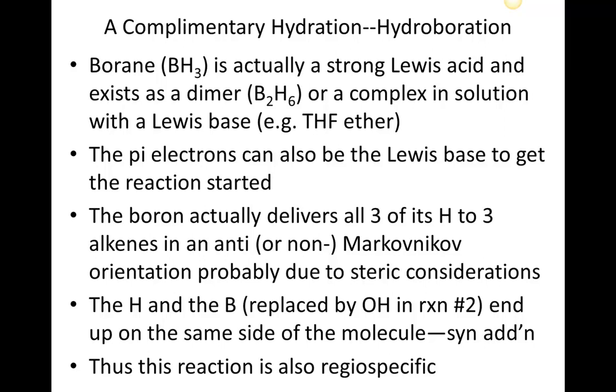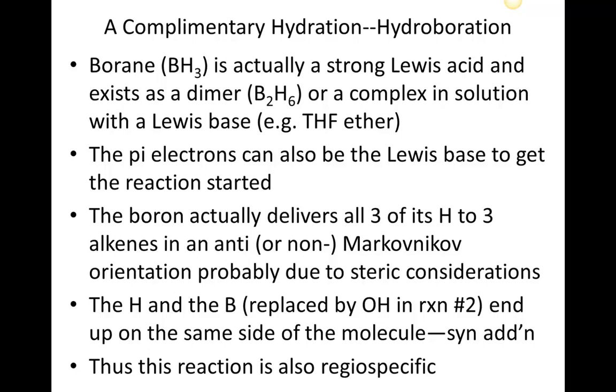And the way that these hydrogens are delivered to the alkene, probably due to steric conditions, which is crowding, is going to put the hydrogen on the more substituted carbon because it's less bulky than the boron.